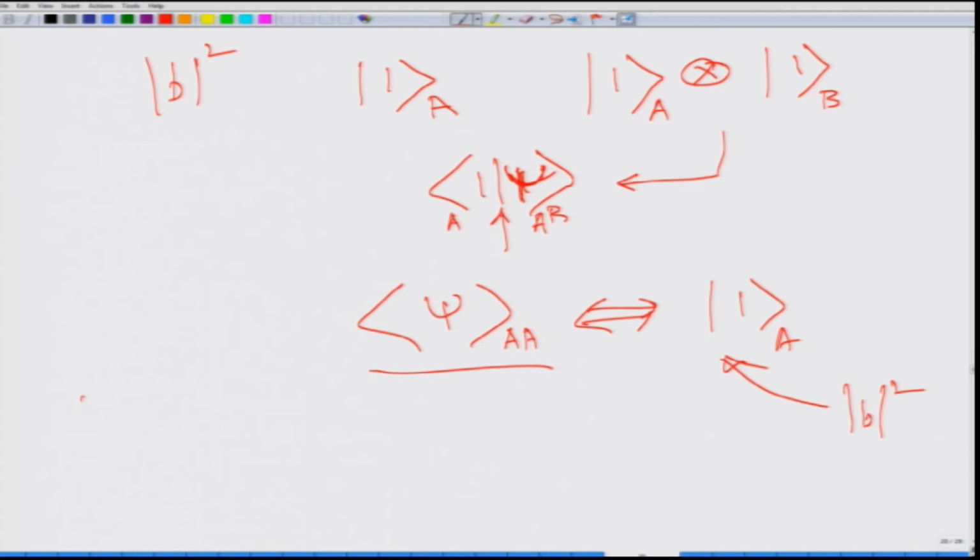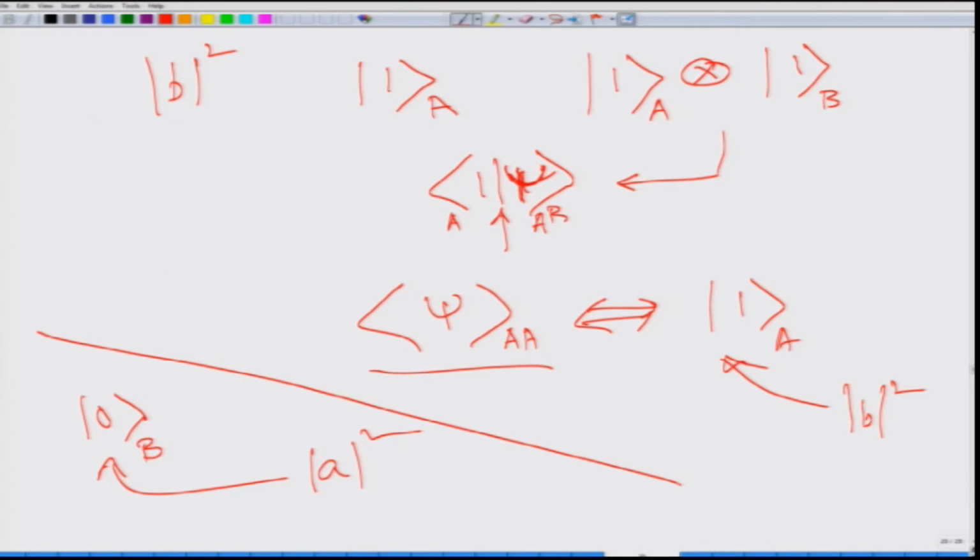And on the other hand, whenever you measured the B case, we had a probability associated with A, that was the other case. Clear? See, this is important. If necessary, we can go back once more. This is not a problem.